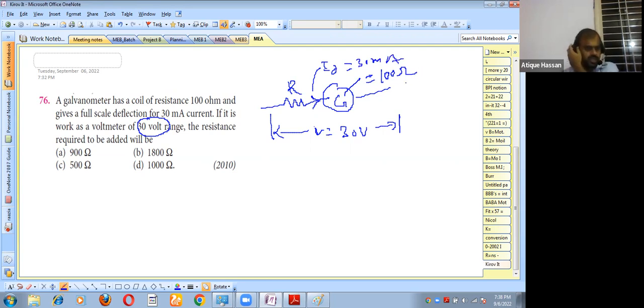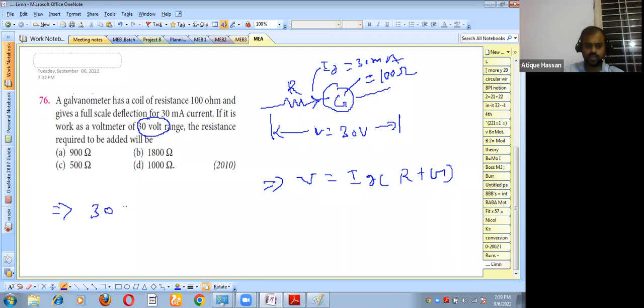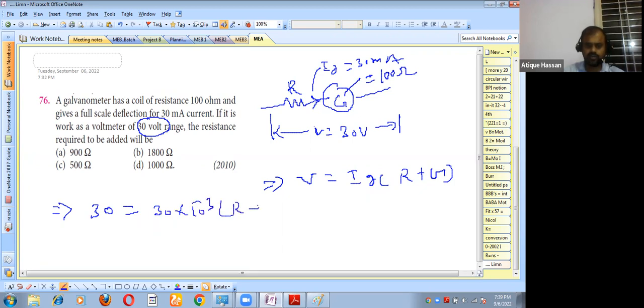So let us see. We have to calculate the resistance. So we know that voltage V is equal to Ig into (R plus G), and this voltage is given as 30 volt and Ig is given as 30 milliampere. So 30 into 10 to the power minus 3. R we have to calculate. G is given as 100.